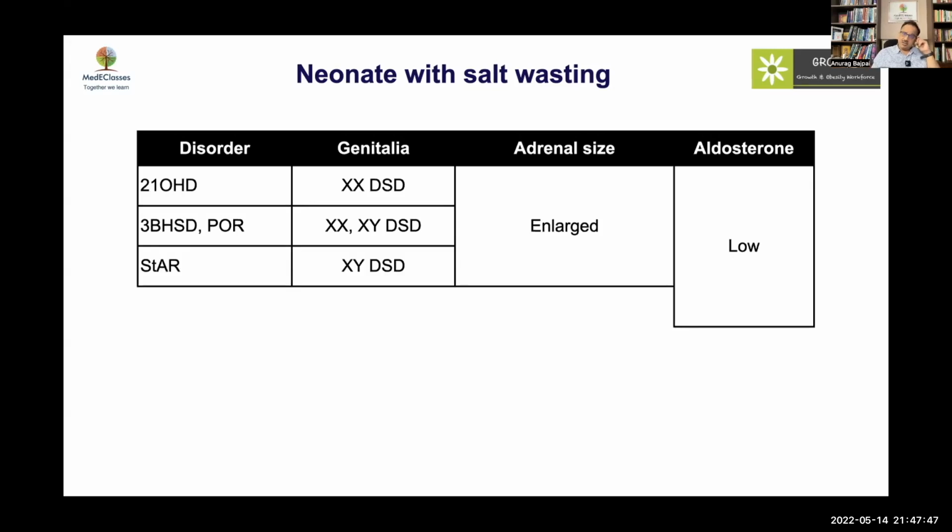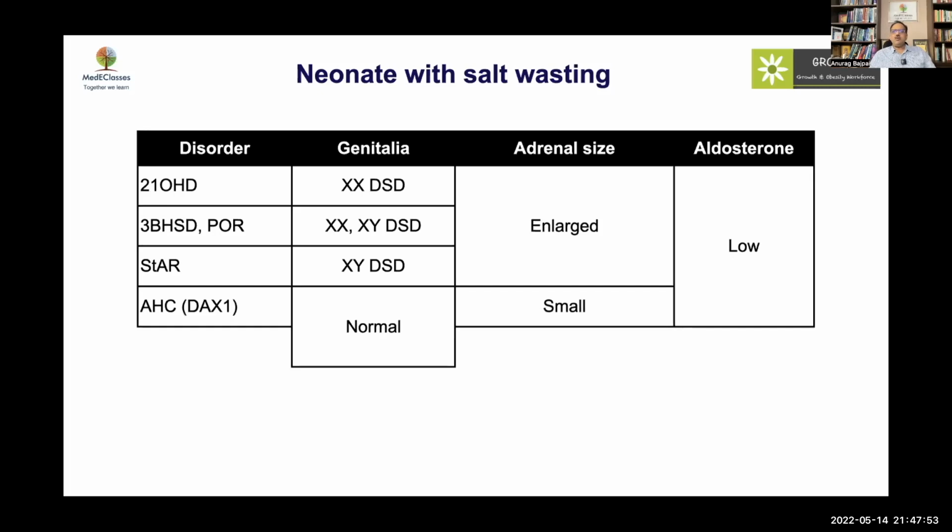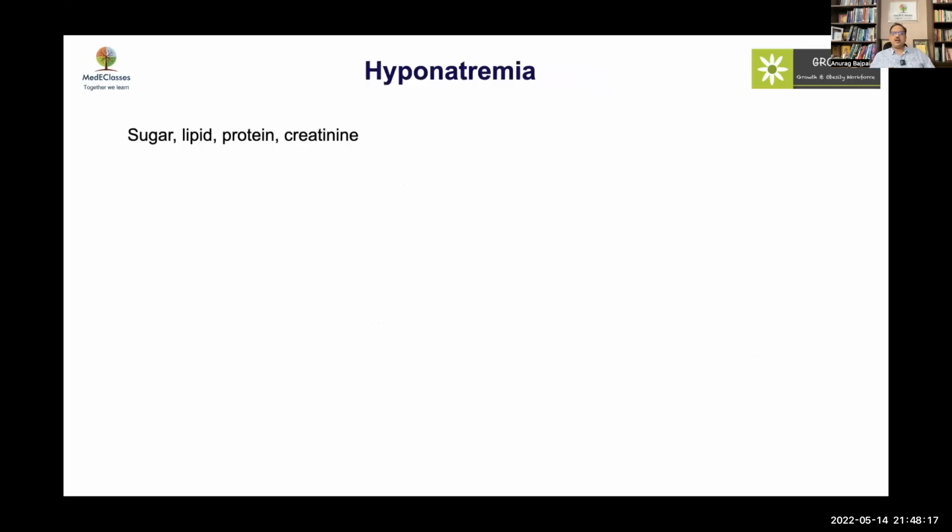If you have an XY-DSD, it can be a StAR defect with a large adrenal. On the other hand, if you have normal genitalia in a male with small adrenal, that will be adrenal hypoplasia congenita, while if everything is normal, this could be pseudohypoaldosteronism. So genitalia, adrenal size and aldosterone levels, aldosterone will come later, will give you a diagnosis in neonates who present with salt wasting, because that could be a life-threatening scenario.